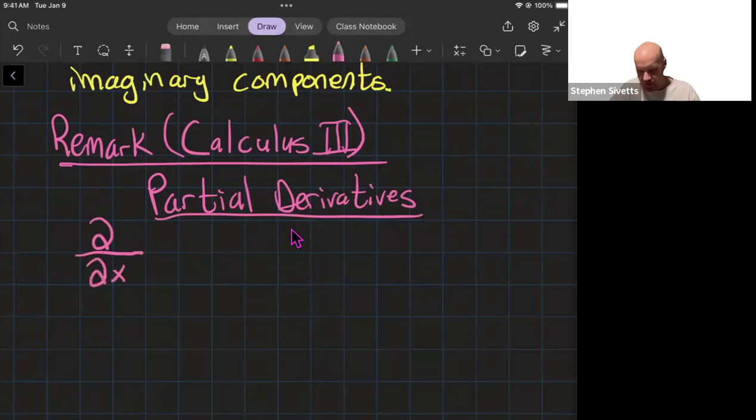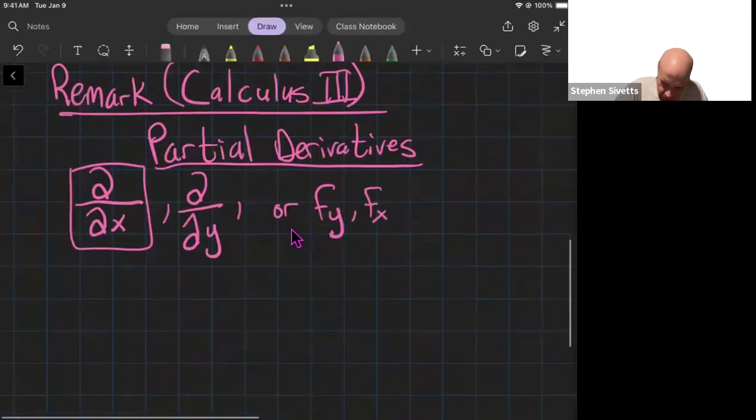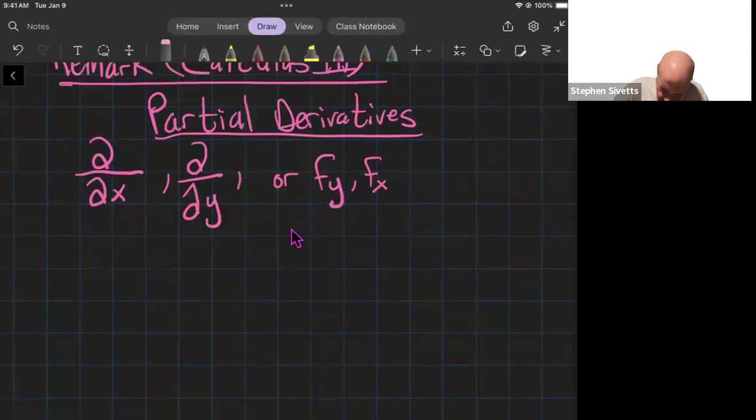These are not twos, these are just curly d's, all right? So you'll see curly symbols like this, or you may see something like this, but regardless, I'll explain what these are. The only thing you need to concentrate on are these two symbols here.